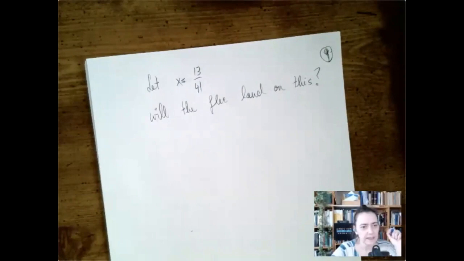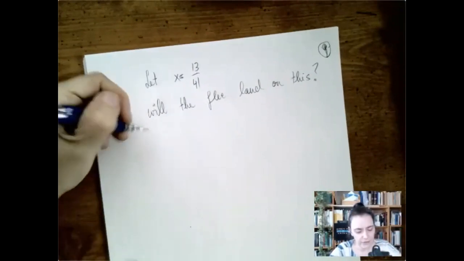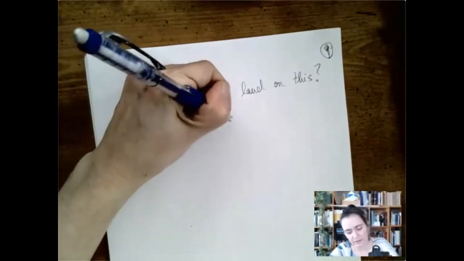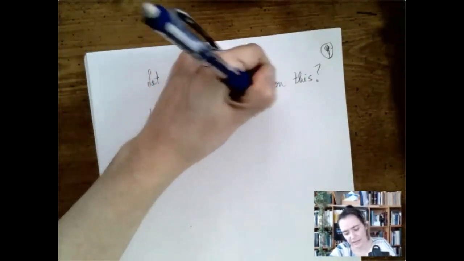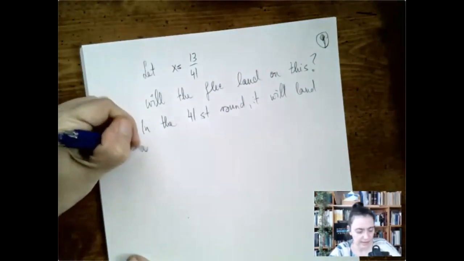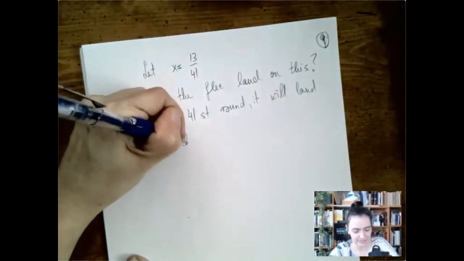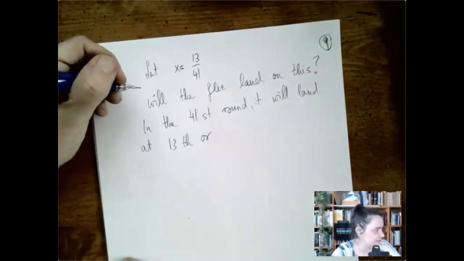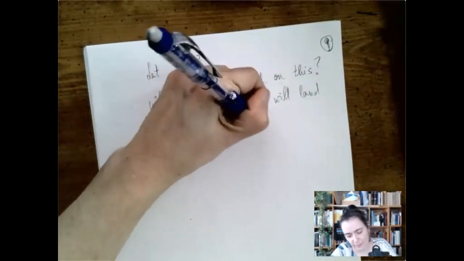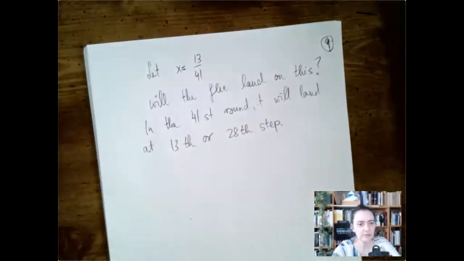If it starts at 0, then on the 13th step, in the 41st round, it will land at the 13th. Or what's 41 minus 13? That's 40 minus 12, or the 28th step, depending on whether it's coming from 0 or 1, but it's going to land on it, right?